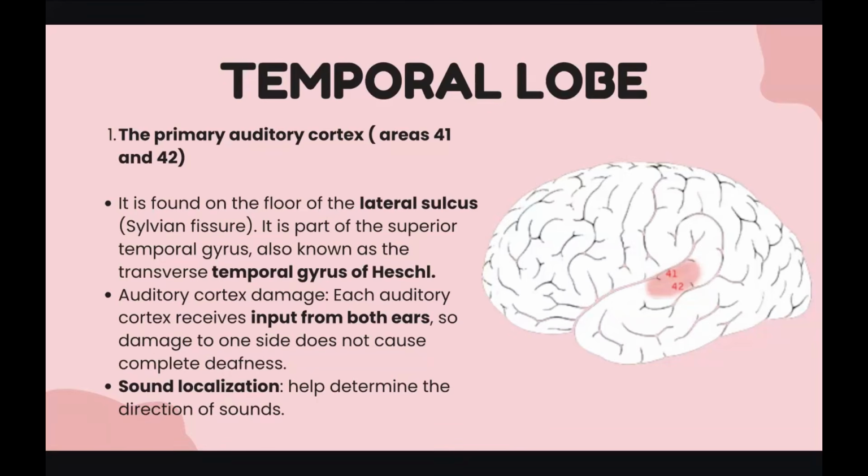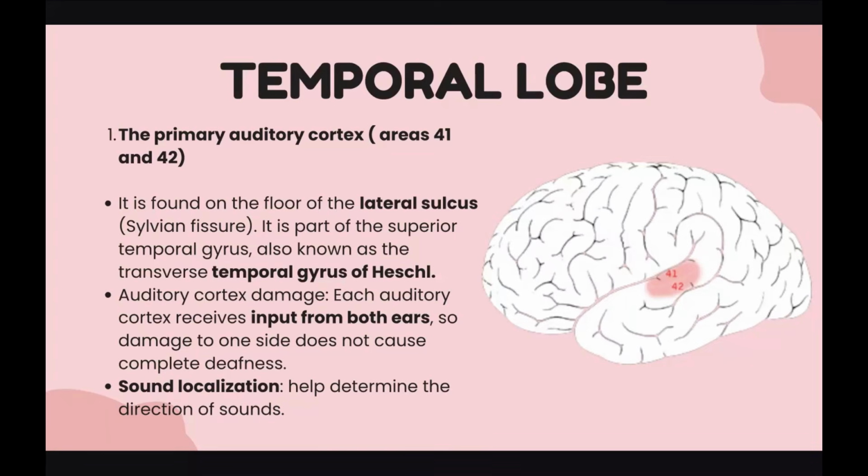damage the auditory sensation. All right, so each auditory cortex receives input from both ears, so damage to one side does not cause complete deafness. This is actually another, subhanallah, blessing from Allah. The auditory input from both ears is sent and received by both auditory cortices on both sides.